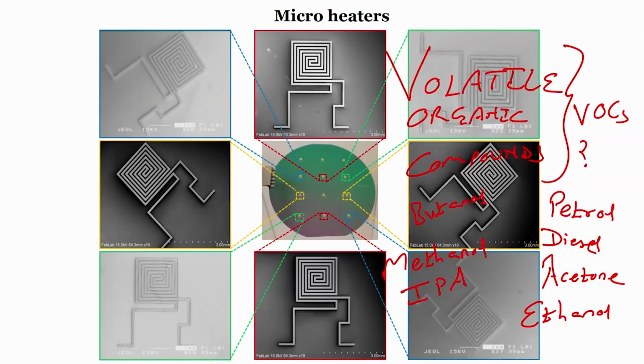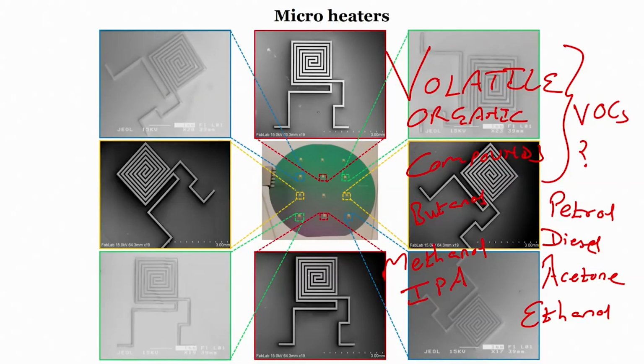And if you want to detect these VOCs, and we will see one application, then you need to design a sensor, and the sensing material works better at a higher temperature.